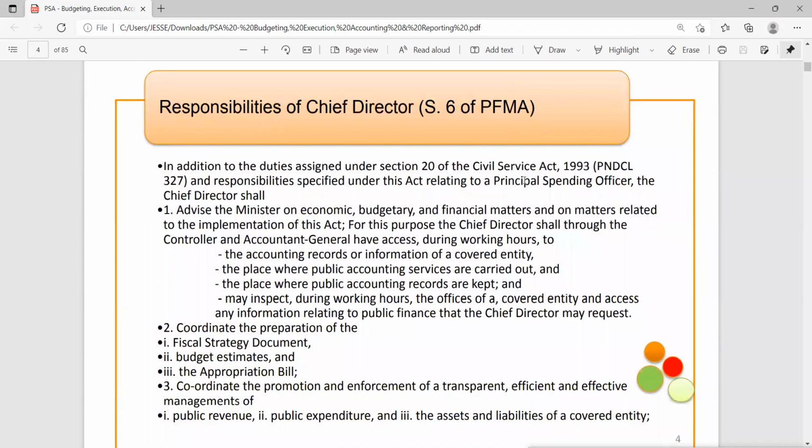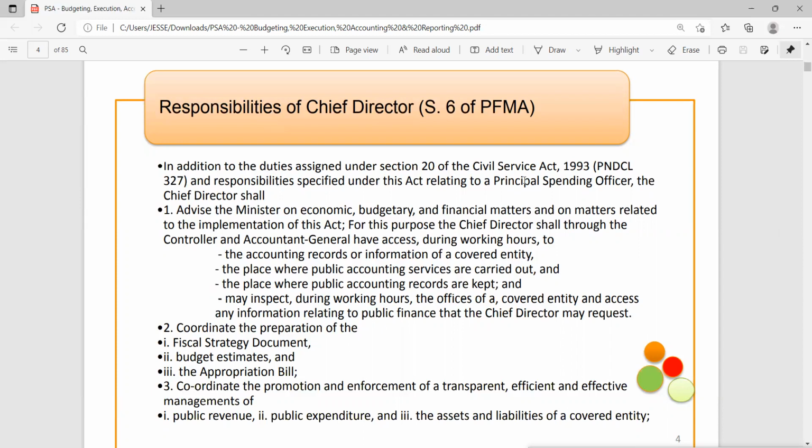In addition to the duties assigned under Section 20 of the Civil Service Act, 1993, and responsibilities specified under this act, the chief director shall, number 1, the first thing you must think of is that he or she would have an advisory role. So the chief director shall advise the minister on economic, budgetary, and financial matters.